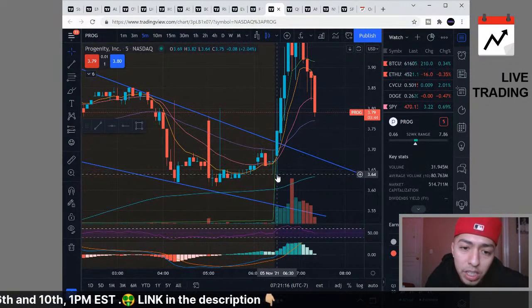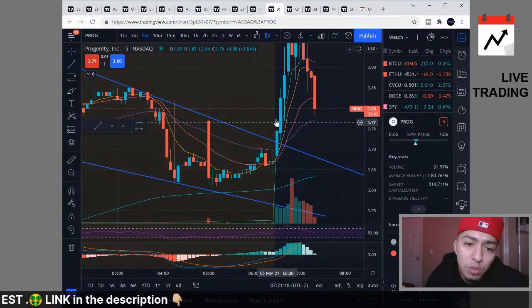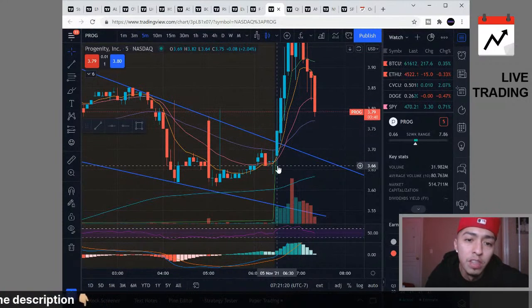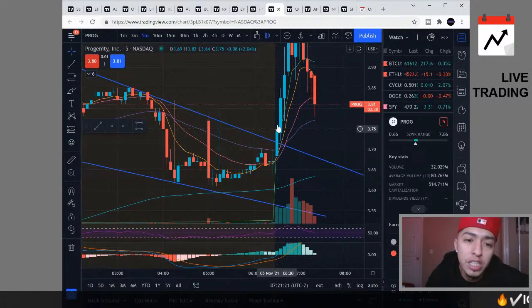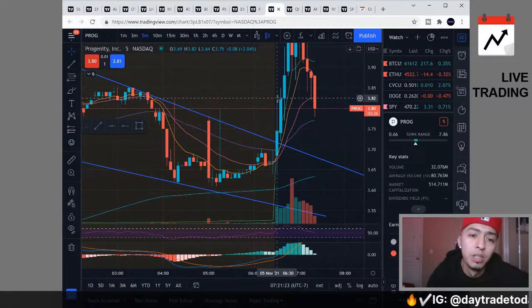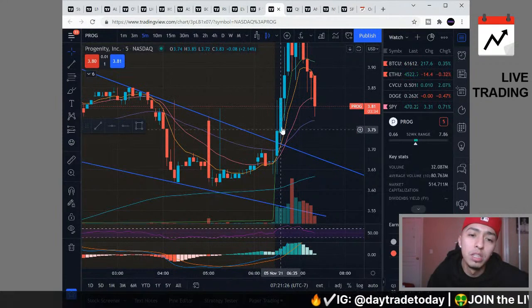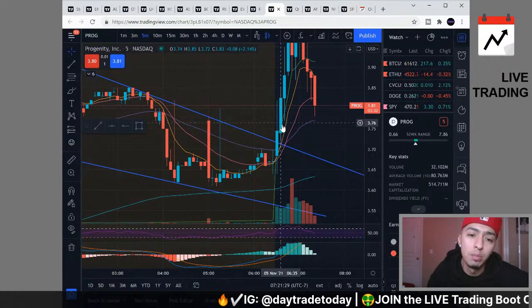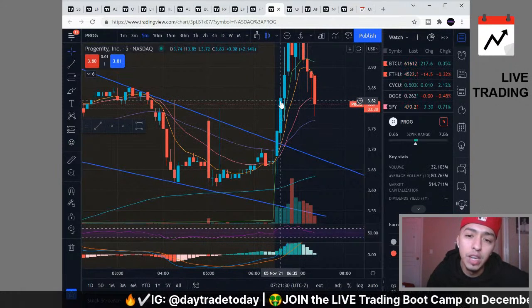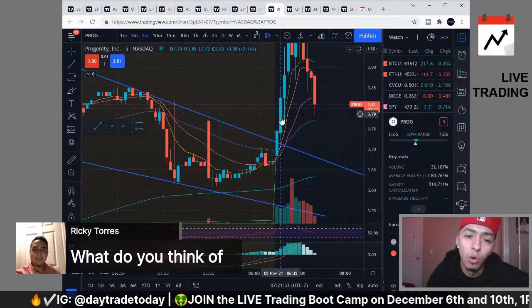This is a really good candle wick breaking out of this wedge. That's a very bullish sign. As soon as you see this big candle wick break through, this second candle wick is the one that's going to help you determine whether you're going to take an entry at 382 or not.